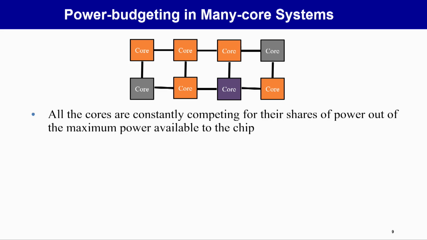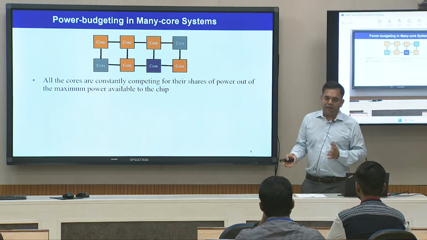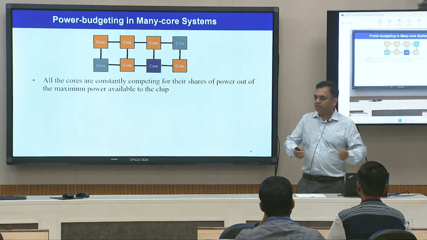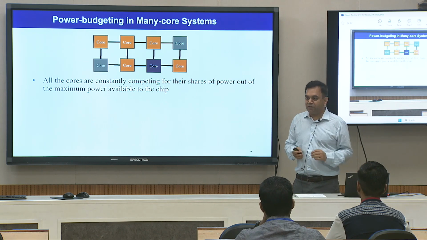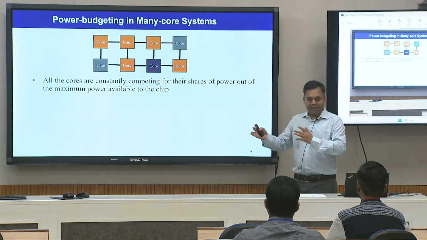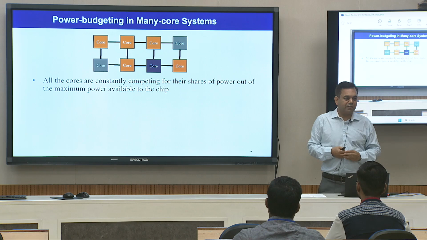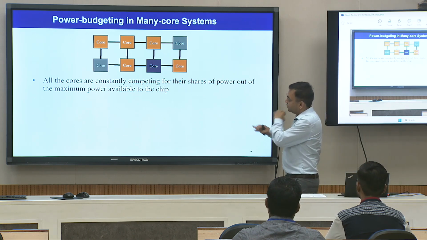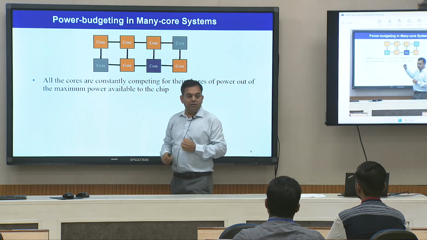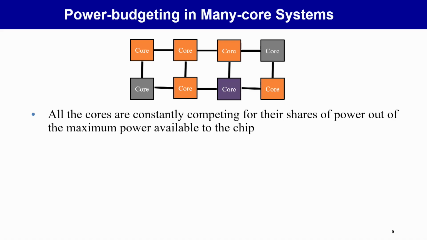If you take a processor, it has a maximum power level. Our phone has around 10 watt, the CPUs in laptops have around 20 watt, and desktop ones have like 65 watt. That is the maximum power available, and it has to be shared amongst all the cores.